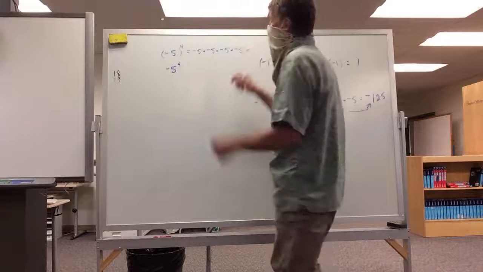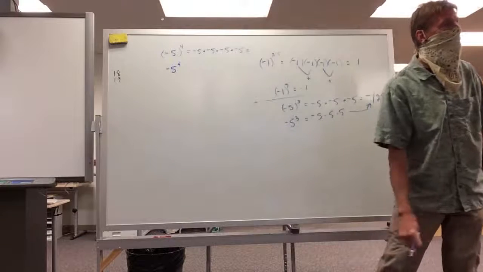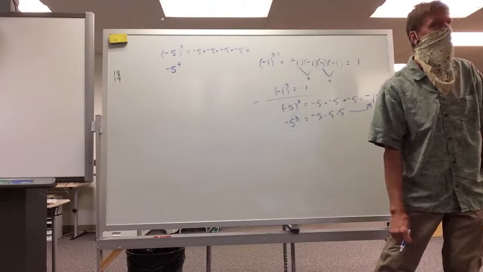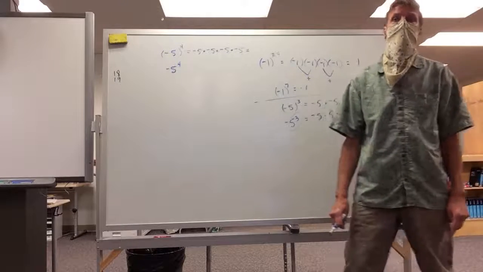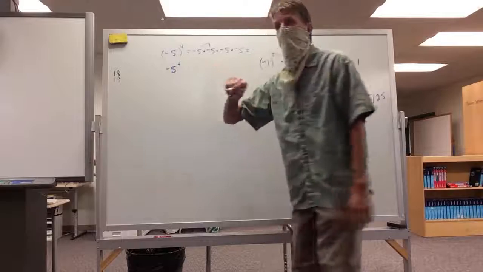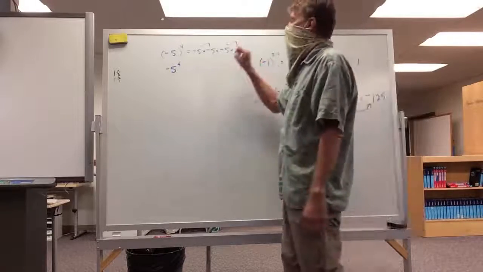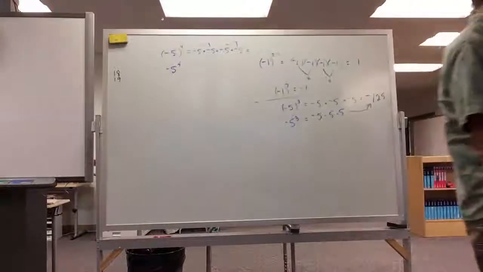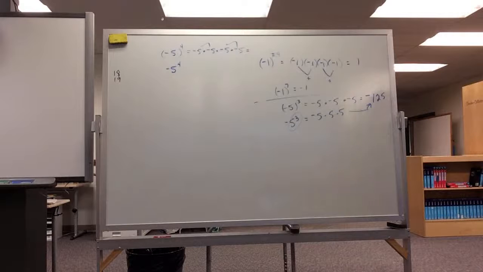So what's 5 times 5 times 5 times 5? No. Do it in your head. 5 times 5 is how much? 25. Okay, so 25, 25. 25 quarters is how much money?